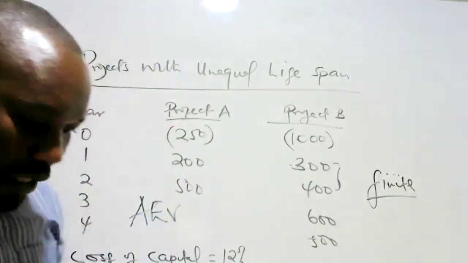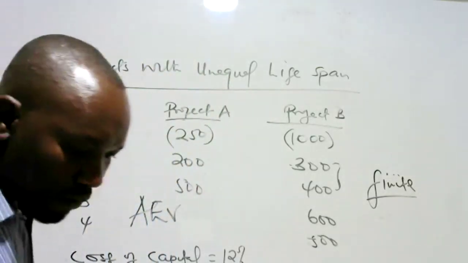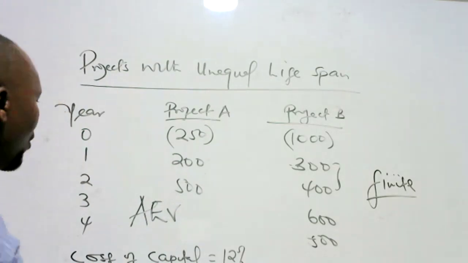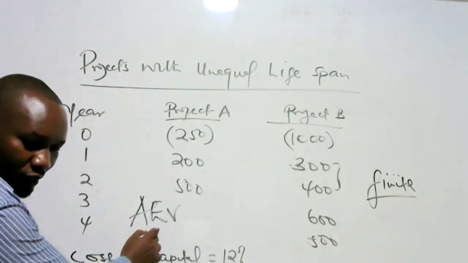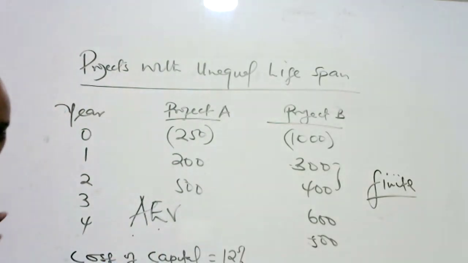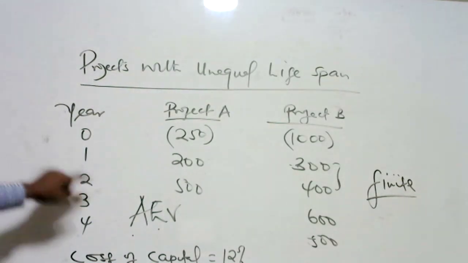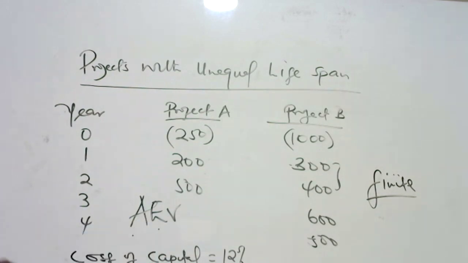Now, what we call equal annual value, you can call annual equivalent value. It can be annual equivalent value or equivalent annual value.